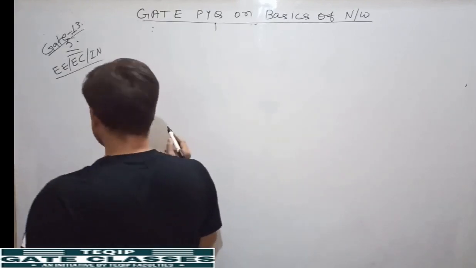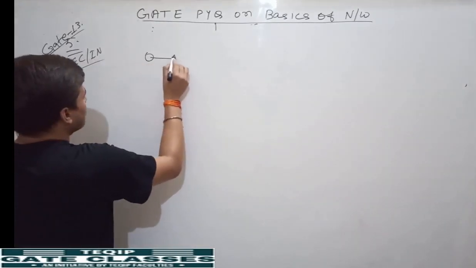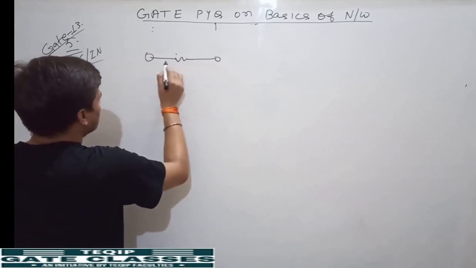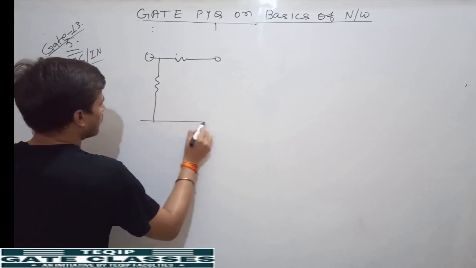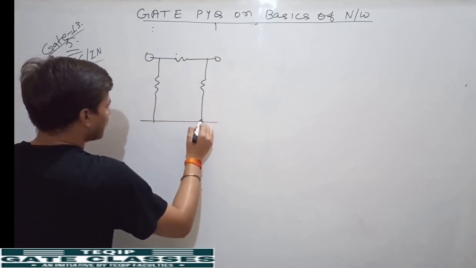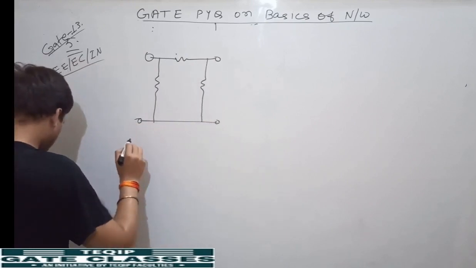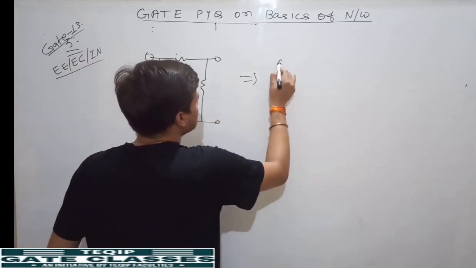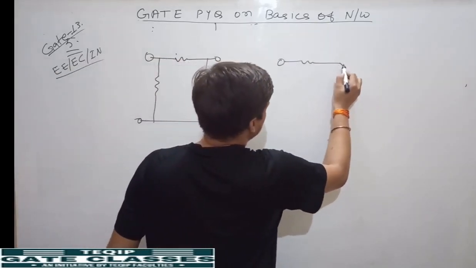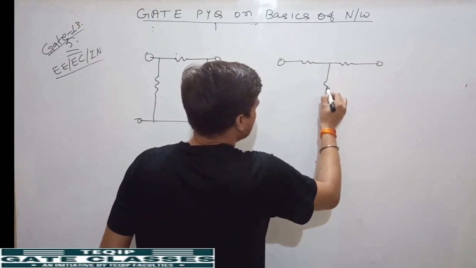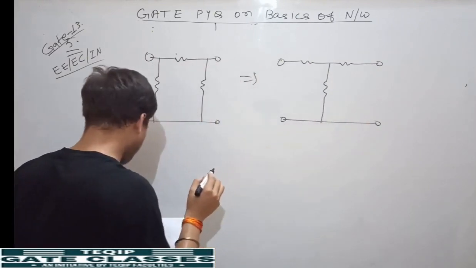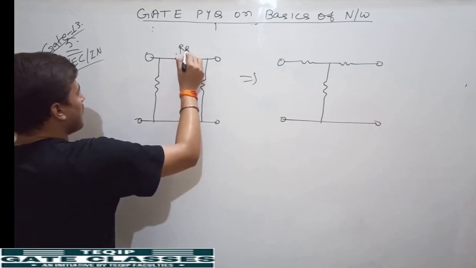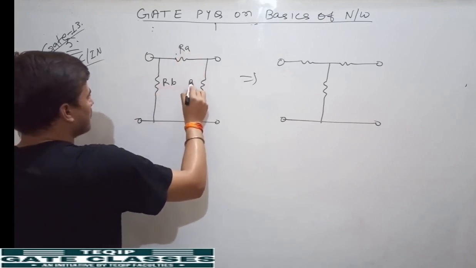It was given that you have a delta network, and now this network has been converted into a star. This is RA, RB, RC.